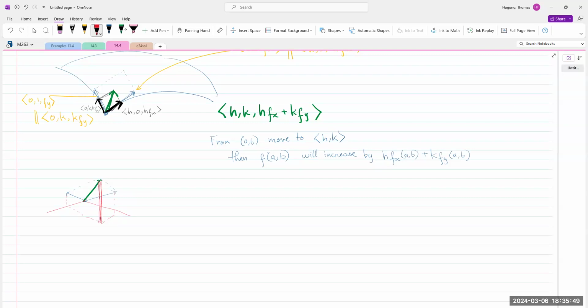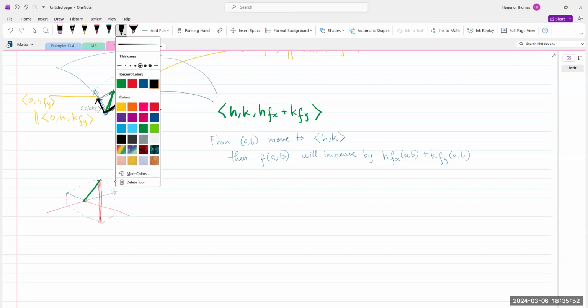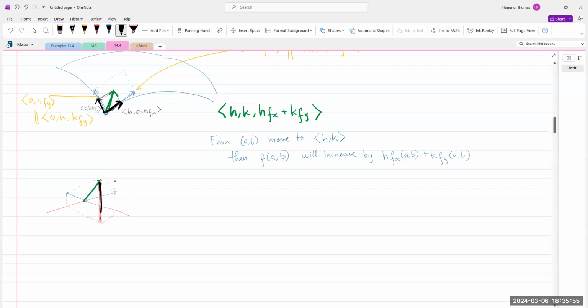This part here is h f sub x at (a, b) plus k times f sub y at (a, b), where this is our h, this is the k, and this is the f sub x, and this is the f sub y.